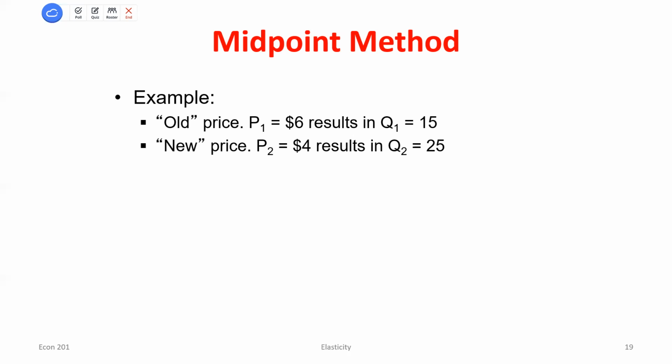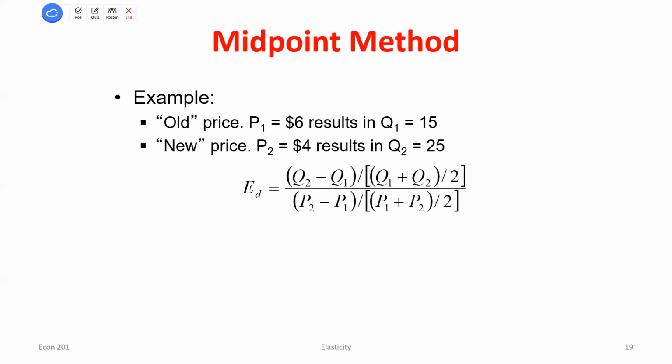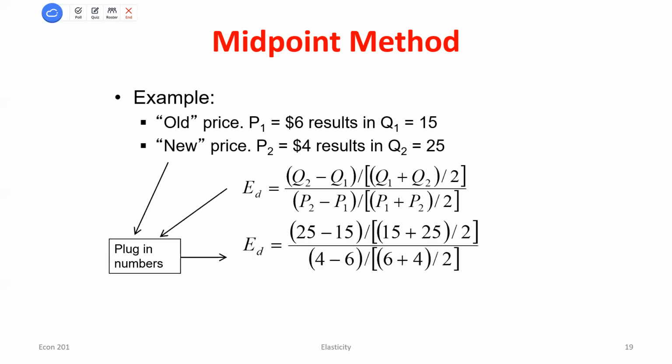I've got a fraction over a fraction, but my denominator represents my percentage change in price, and this numerator represents the percentage change in quantity demanded. I can do this all at once, or calculate them individually and then plug in just two values. So I plug in all my numbers at once, and I end up getting a price elasticity of demand of negative 1.25.